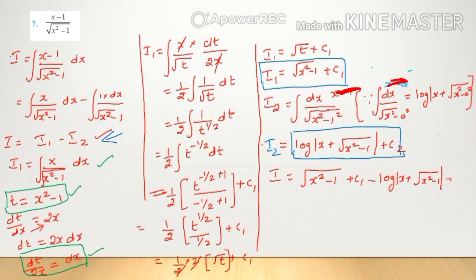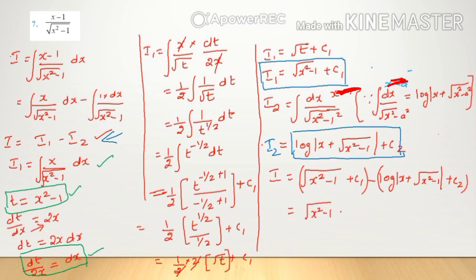Okay, so let us substitute the I1 value and I2 value. Now we have to multiply minus inside the term. So square root of x square minus 1, and we have minus log. Just minus is getting multiplied inside the term.